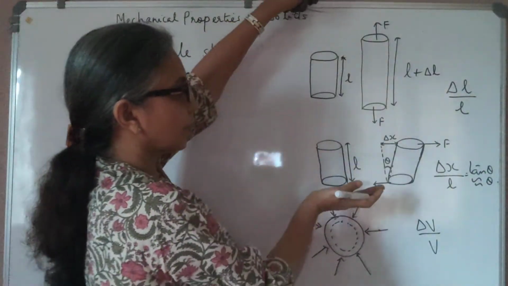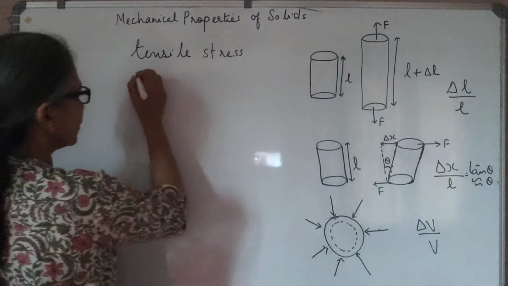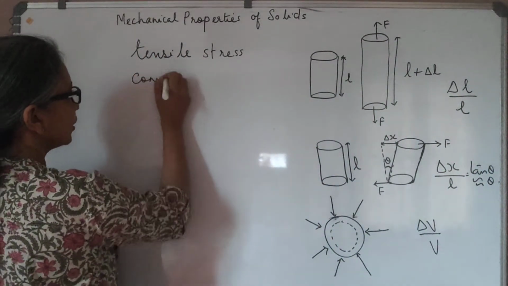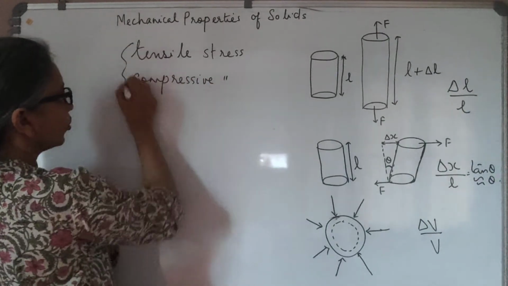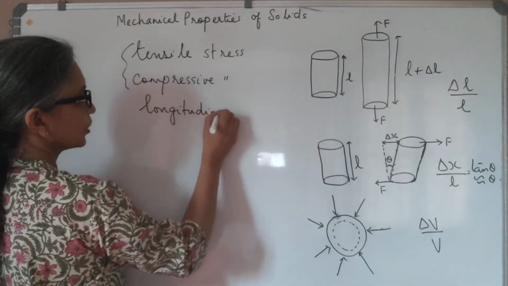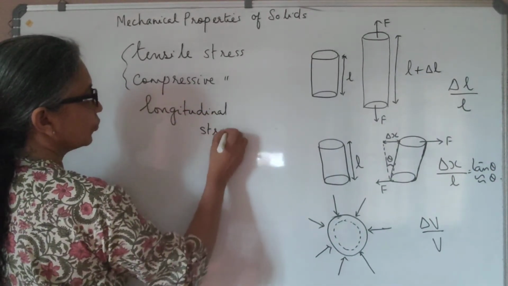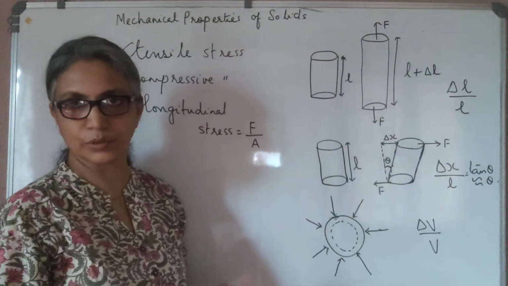You could have also applied a force in such a manner that it decreases its length or compresses it. Such a stress is called the compressive stress. Together, these two are known as longitudinal stress, which is given by the formula F by A, which has an SI unit of Newton per meter square.